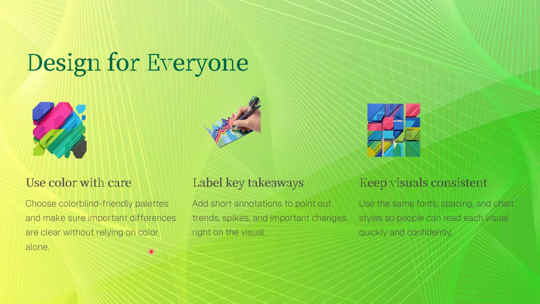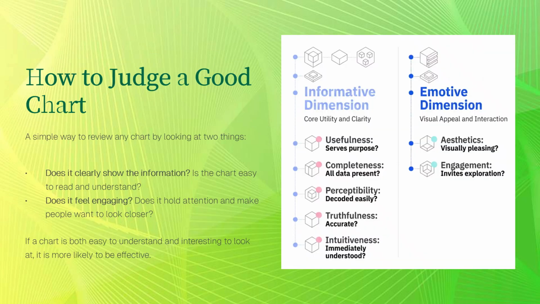For example, if you want to differentiate the data, you use different color formats. Label key takeaways. Add short annotations to point out trends, spikes, and important changes right on the visual. Keep visuals consistent. Use the same font, spacing, and chart styles so people can read each visual quickly and confidently.